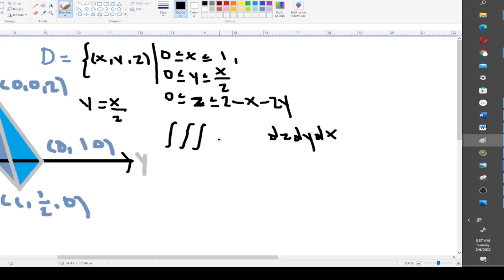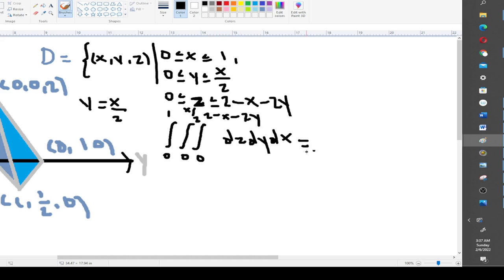This is actually blank. There's nothing that goes in between the integrand and the differential. So all we have to do is plug in now: 0 to 1, 0 to x over 2, and 0 to 2 minus x minus 2y.